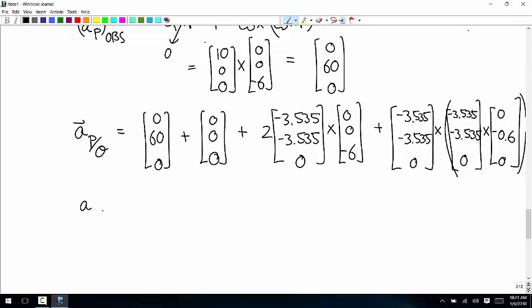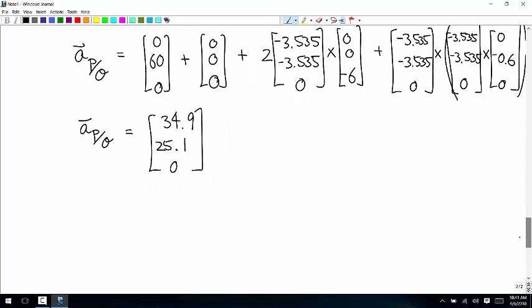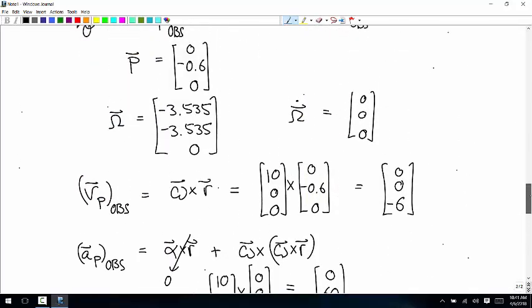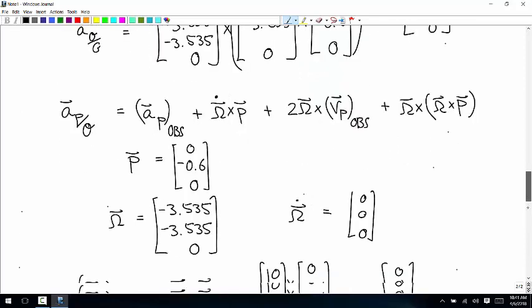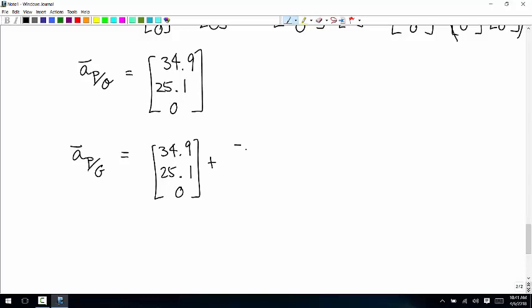Okay, so acceleration of P relative to the origin is, say it again, 25.1, 0, and then add it to the other one. So the acceleration of P relative to the ground is 34.9, 25.1, 0, plus negative 12.5, positive 12.5, 0.